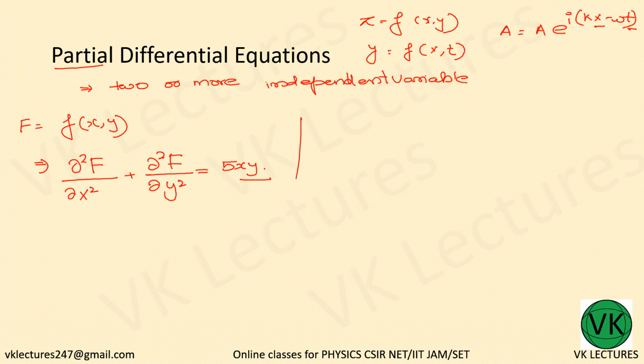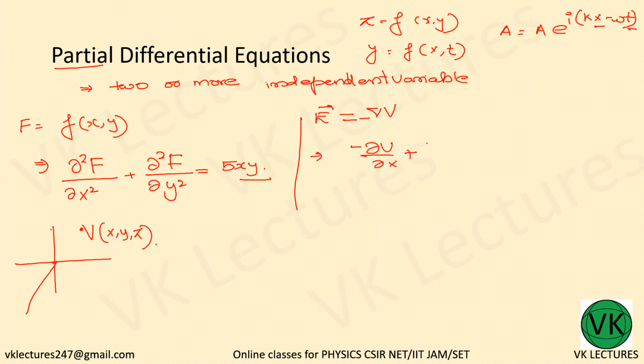Now again, if you have a potential in a three-dimensional Cartesian coordinate system, here if you write V of x, y, z, then the electric field is given by minus del V, that is E equal to minus dou V by dou x, minus dou V by dou y, minus dou V by dou z.